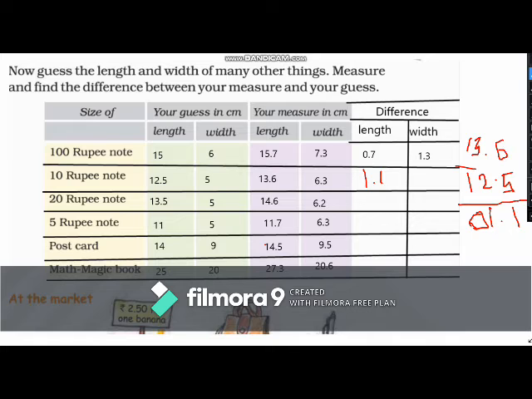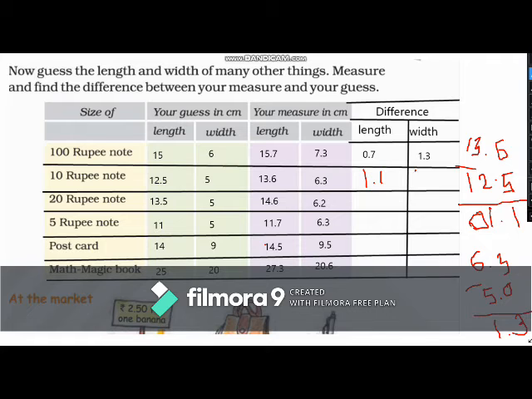Now let us find out the difference between widths. 6.3 minus 5. Here we have to put a decimal point because after the decimal point one digit is there, so here also we have to put one digit after the decimal point, that is 0. So 3 minus 0 is 3, and 6 minus 5 is 1, so 1.3.